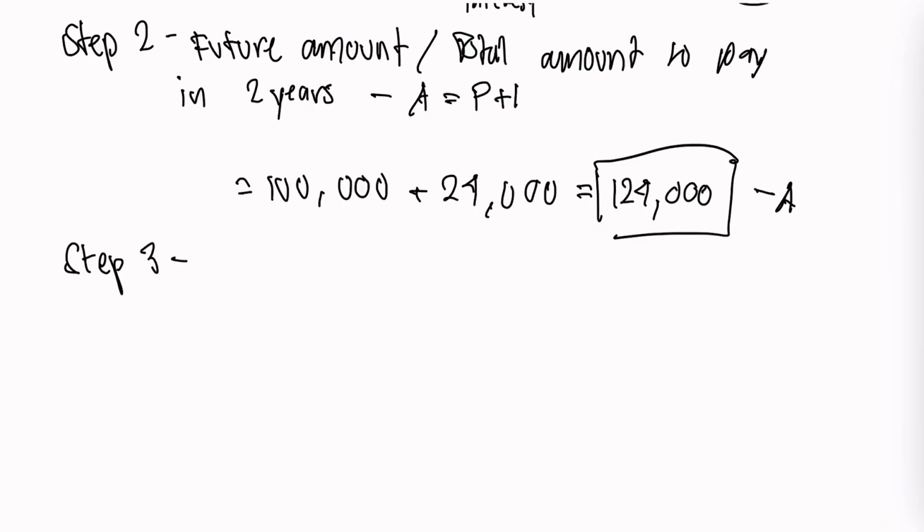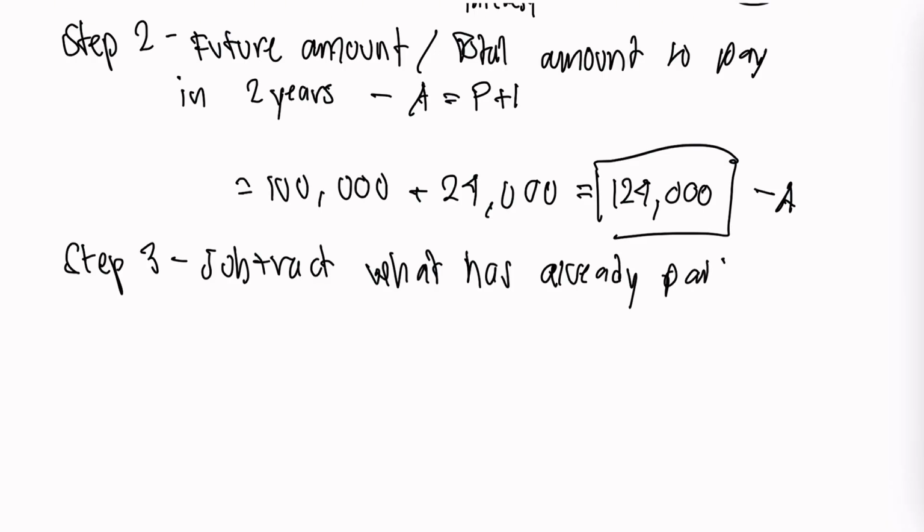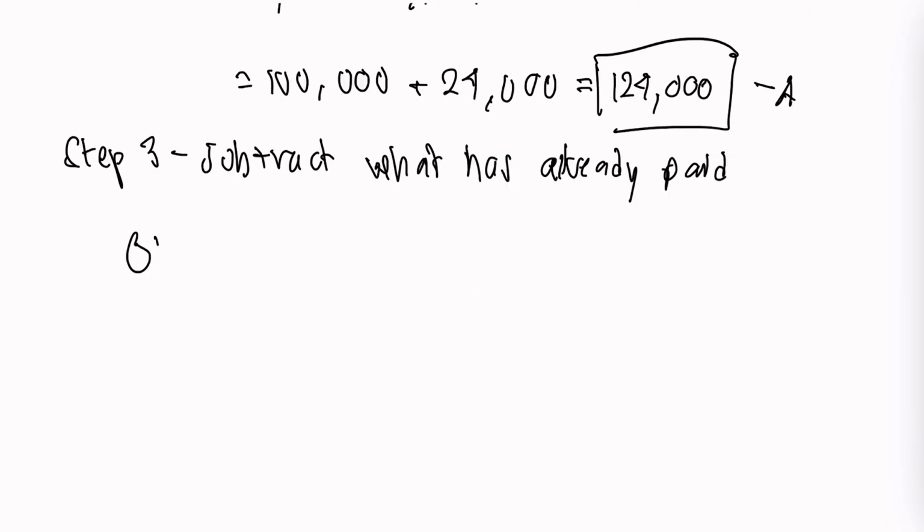For our step 3, our objective now is finding the outstanding balance. We have to subtract so that we could know our outstanding balance. So let's subtract the amount that has already been paid. The formula to find the outstanding balance is A minus the amount that got paid.